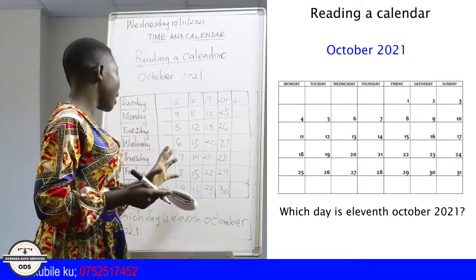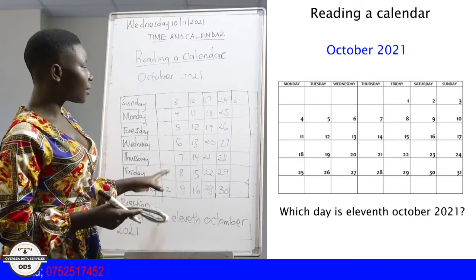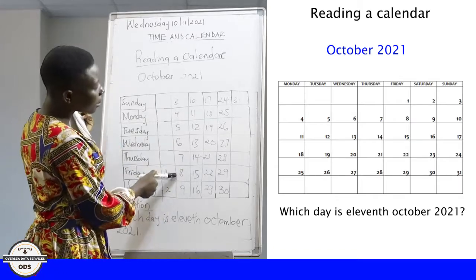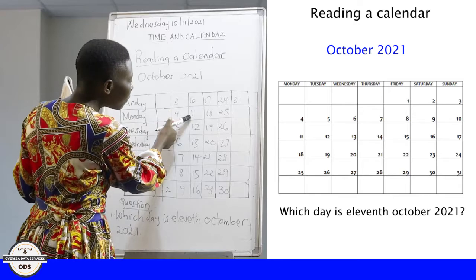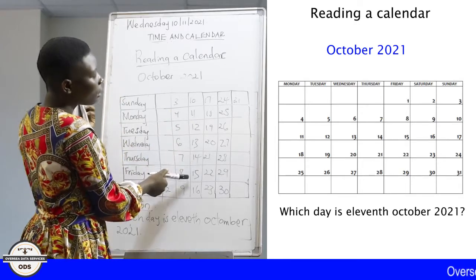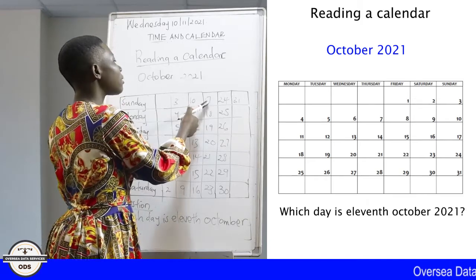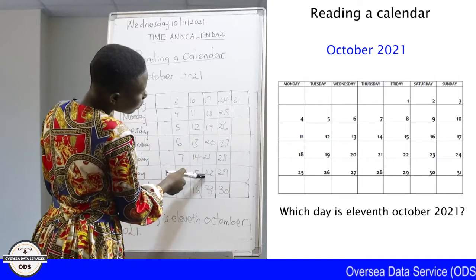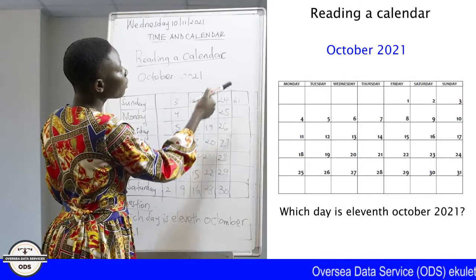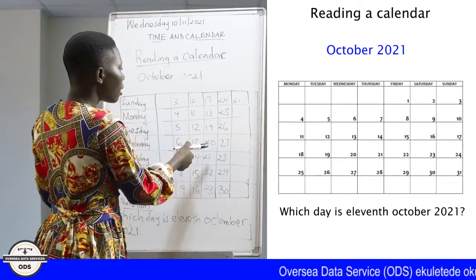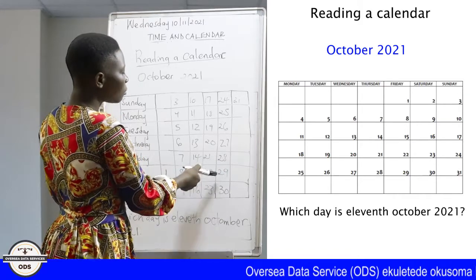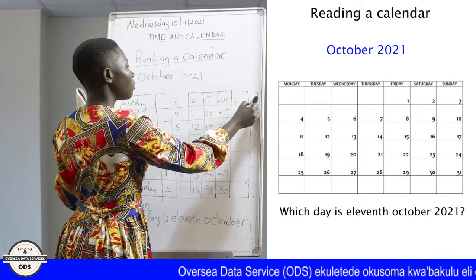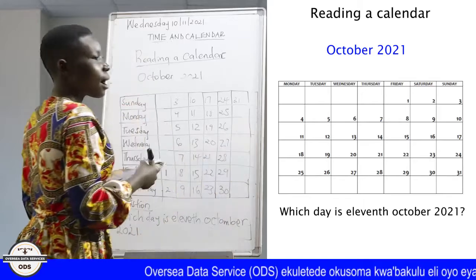No, we read them as first, second, third, fourth, fifth, sixth, seventh, 8th, 9th, 10th, 11th, 12th, 13th, 14th, 15th, 16th, 17th, 19th, 20th, 21st, 22nd, 23rd, 24th, 25th, 26th, 27th, 29th, 30th, 31st. We read them like that.